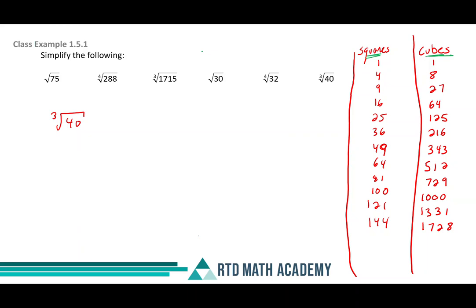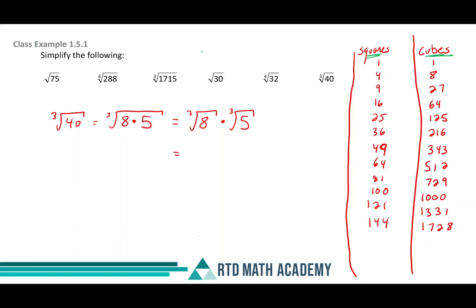Ooh, that's lucky. So I can actually say instead, the cube root of 40 is the same thing as the cube root of 8. Notice I put the perfect cube first, multiplied by the cube root of 5. Then I'm going to break that part into the cube root of 8 multiplied by the cube root of 5. So I was wrong. It was not already simplified.